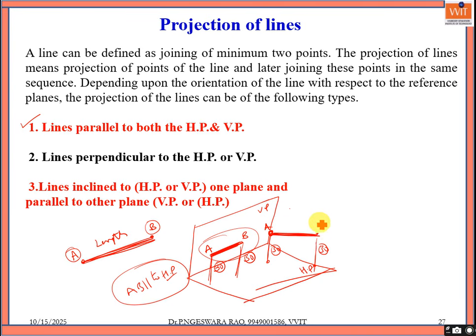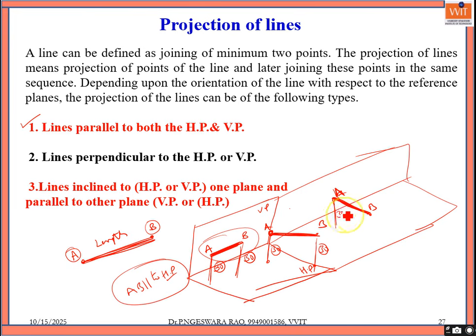Similarly, we can consider the other cases also. When the line is in this direction, assume this point is A and this point is B. In this case also, if point A is 30 mm from HP, the horizontal plane, and point B is also 30 mm from HP, then once again we can call it parallel to the HP.